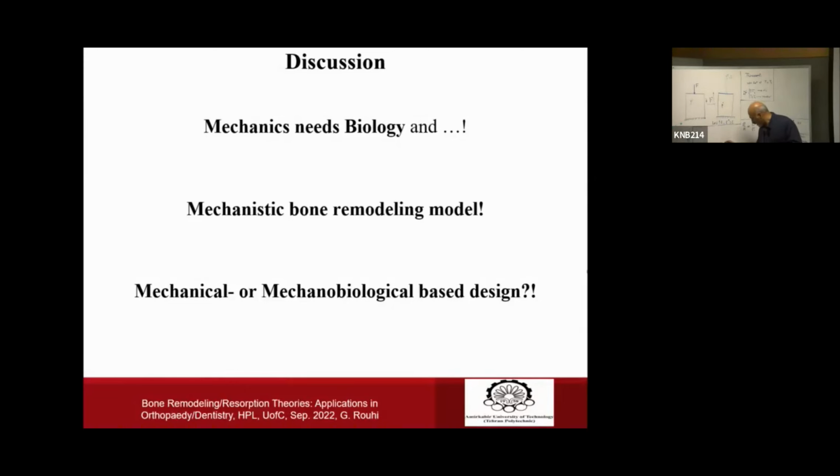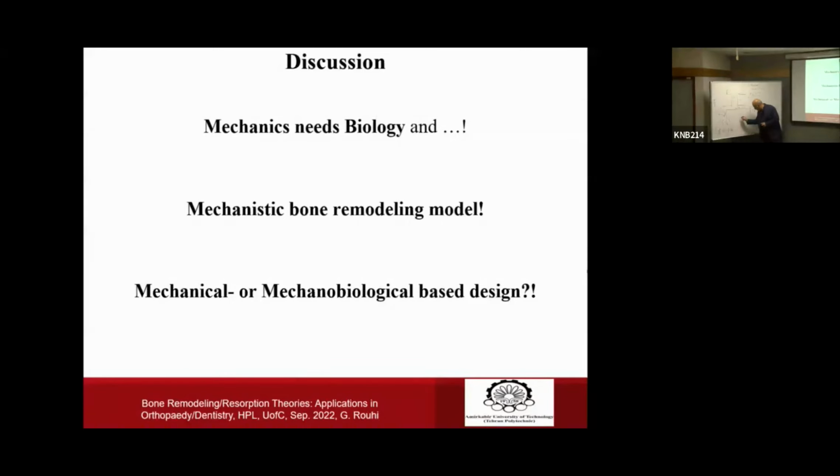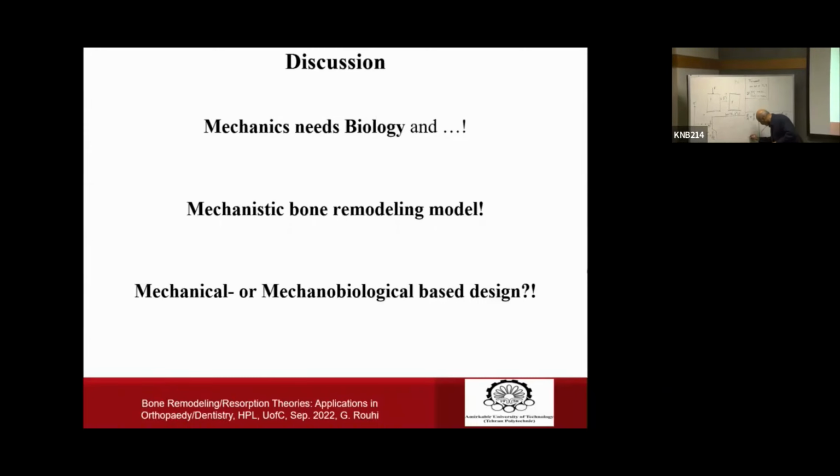Mechanistic model: yes, you change, let's say, the force applied to your bone. You're concerned about the apparent density changes, evolution in the density, evolution in modulus of elasticity, but you look at what's happening within the system. This osteocyte, how would it react to the mechanical stimuli? This osteoblast, how would it react?